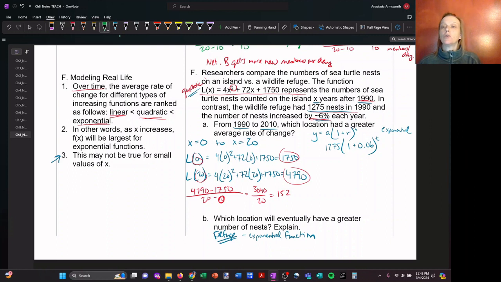Let's do a similar calculation for my wildlife refuge. Maybe I'll call this W of x here for my wildlife refuge. Again, I want to plug in the number 0 and the number 20 for my x values.